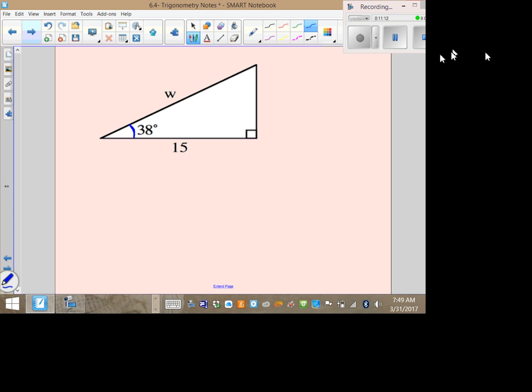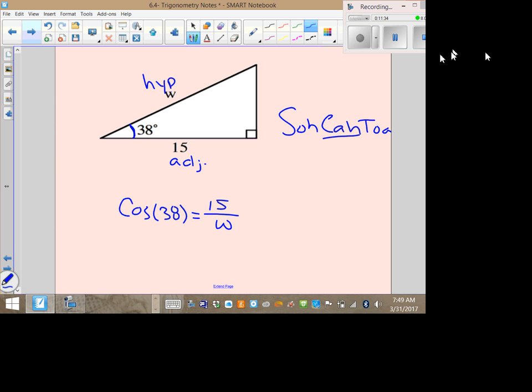Alright, solving for w. If we're standing at our 38, we have our adjacent. We're looking for our hypotenuse. Write out my SOHCAHTOA. So adjacent and hypotenuse, I have cosine of 38 equals my adjacent 15 over my hypotenuse w.